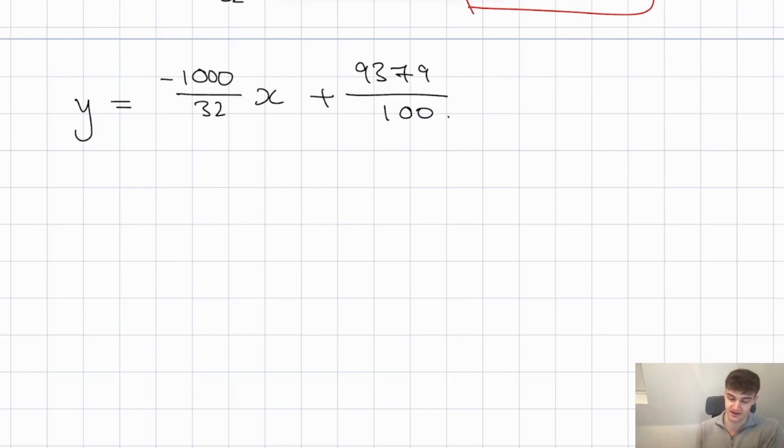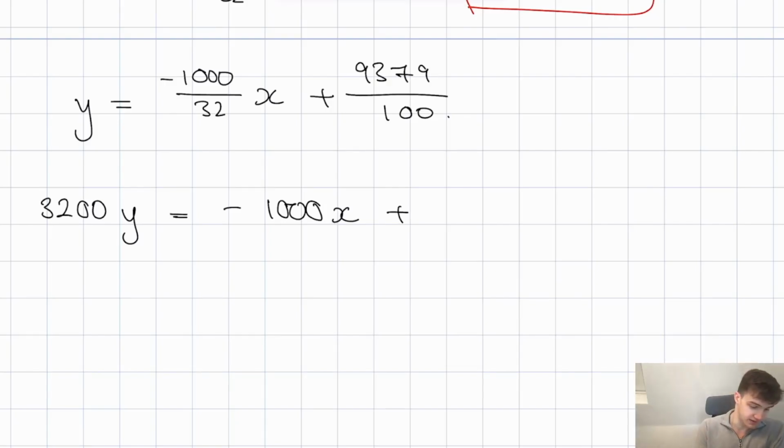let's multiply everything out. So I'm going to have to multiply by 32 here. So that's going to give me 3,200 y is equal to minus 1,000 x plus 9379 times 32.